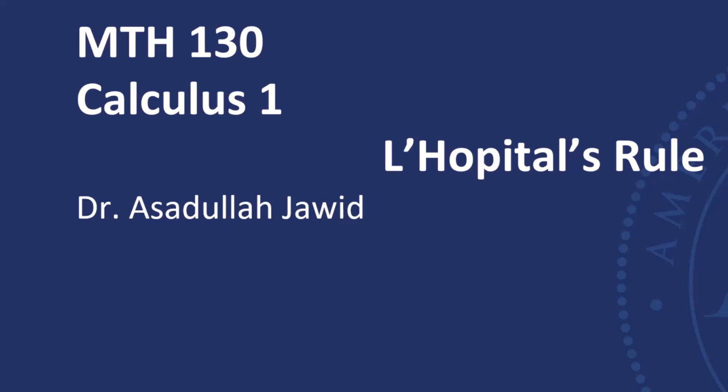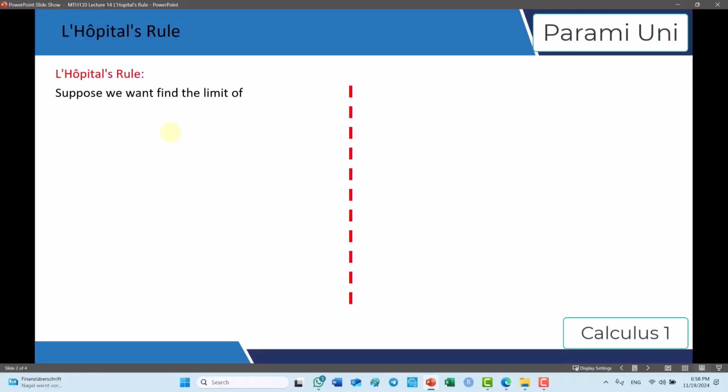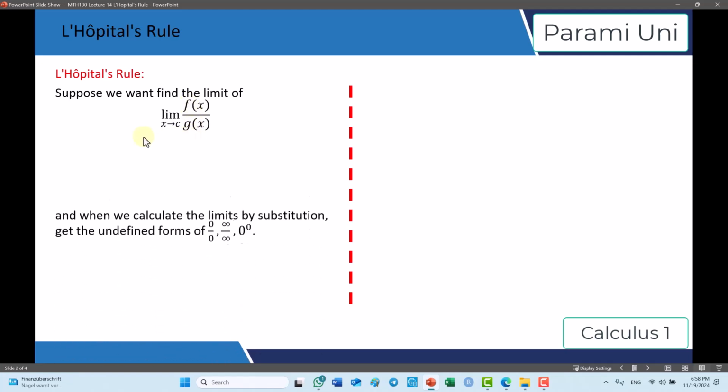Hello and welcome. In this lesson, we are going to introduce L'Hopital's rule. Suppose we are interested to compute the limit of f of x over g of x as x approaches c.